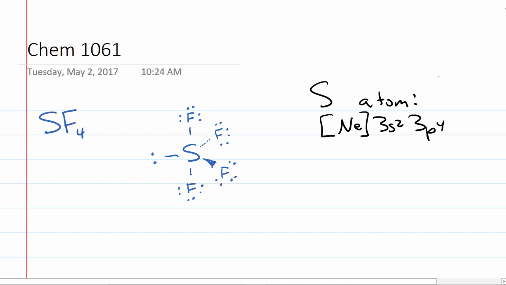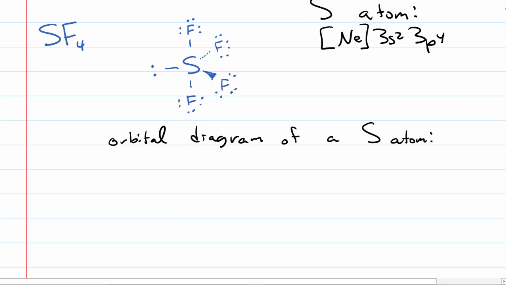The next thing we're going to do is we're going to look at the orbital diagram of a sulfur atom, just like we did for oxygen before. So to look at its orbital diagram, we're going to put the neon in square brackets.